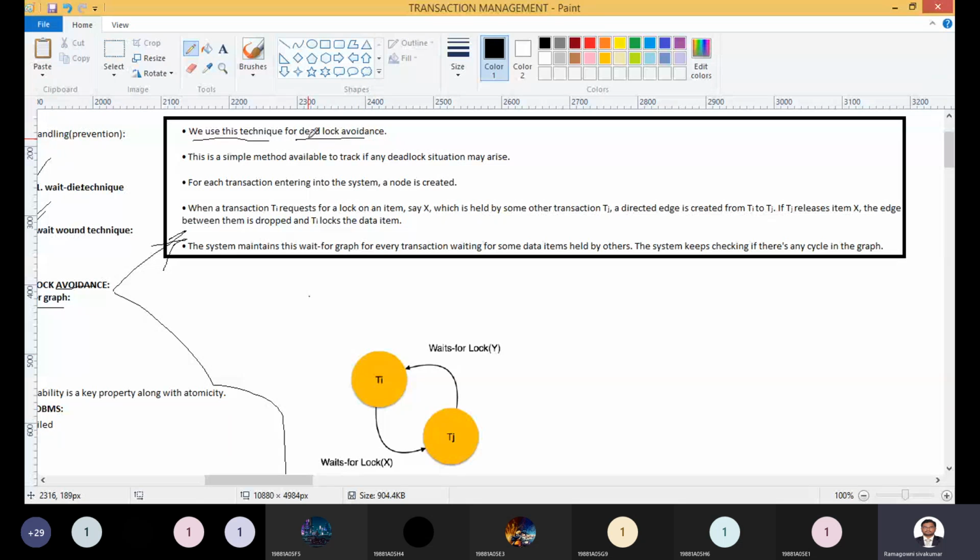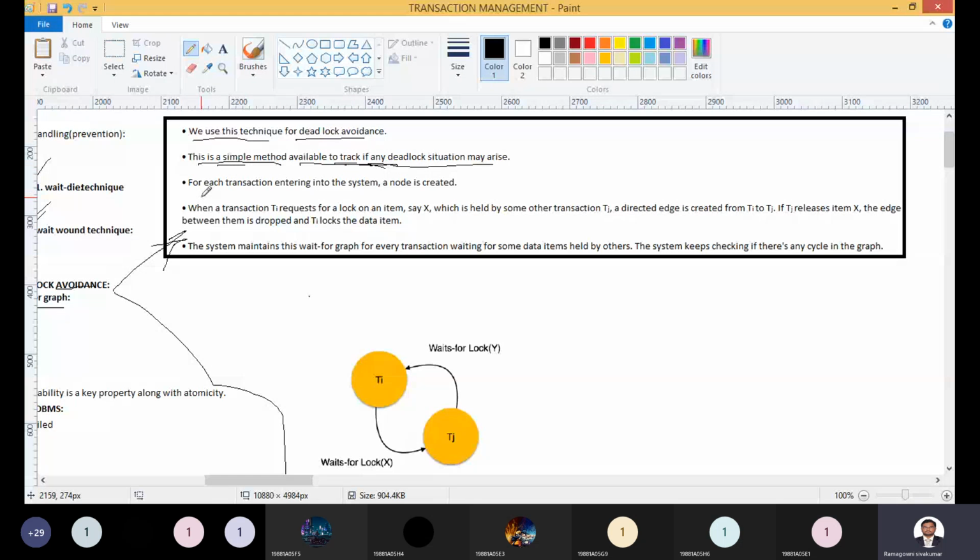This is a simple method available to track if any deadlock situation may arise. So this is a good method.